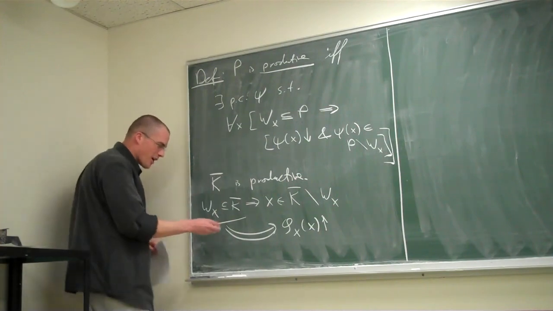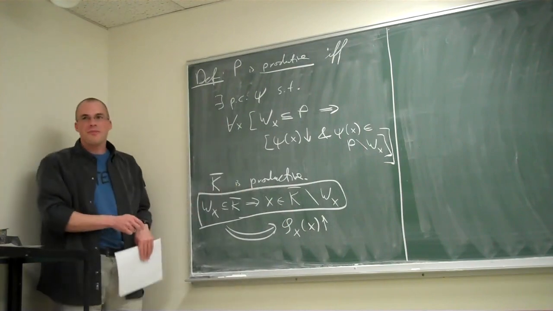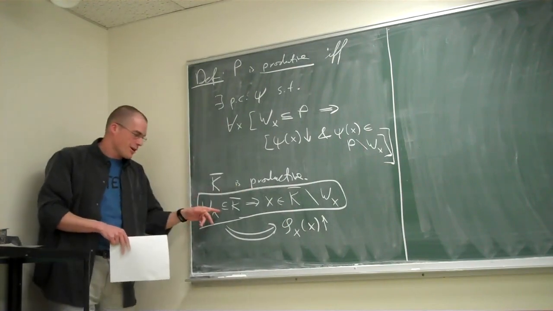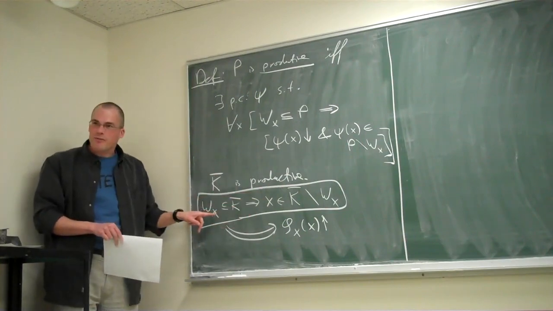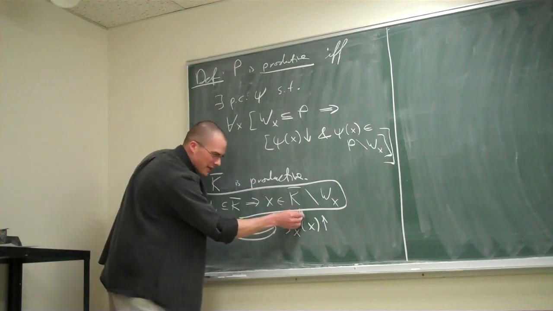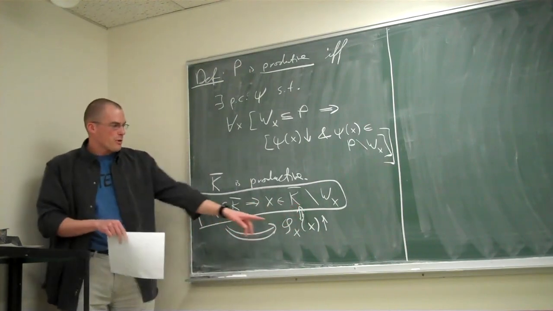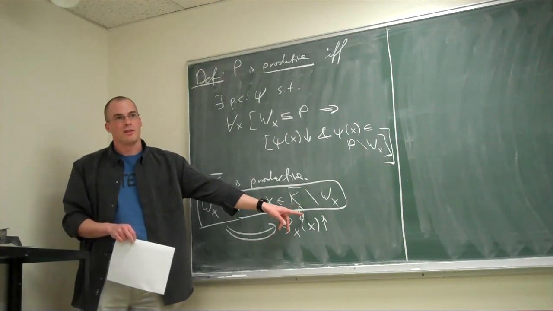Anyway, let me argue again. So I need to see this implication is true. How do you show an implication is true? Well, assume the thing on the left-hand side, prove the thing on the right-hand side. Observe that even without that assumption, the right-hand side is equivalent to phi of x diverging.